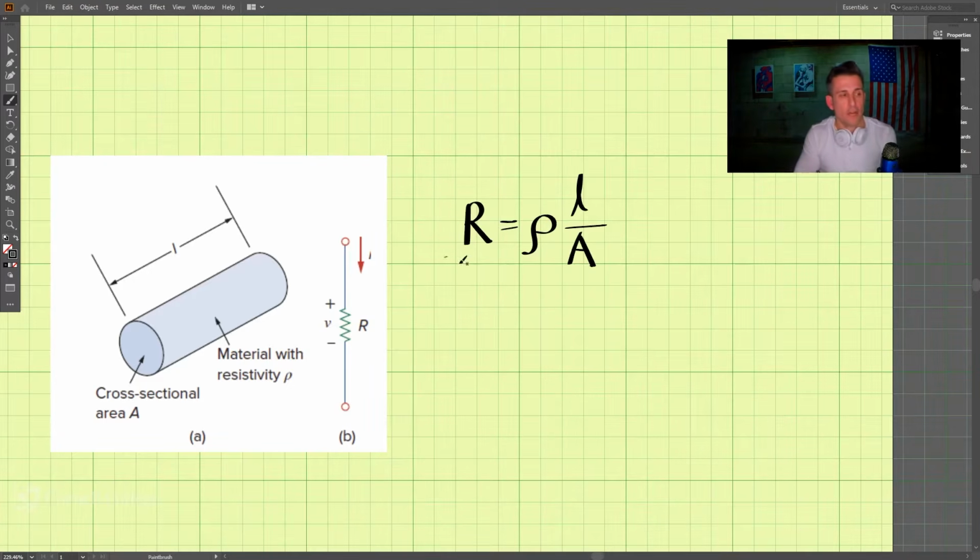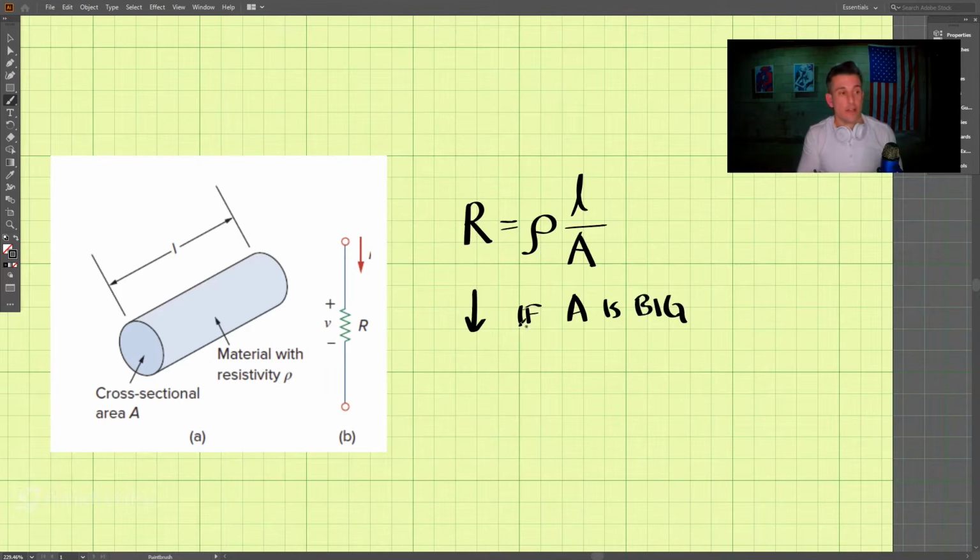So if we talk about resistance, it depends on the material and the length, how long this is, and the area. So if A is very big, then the resistance goes down.